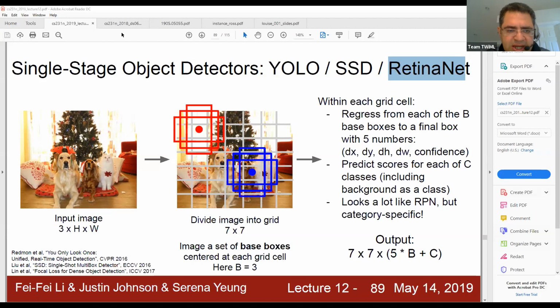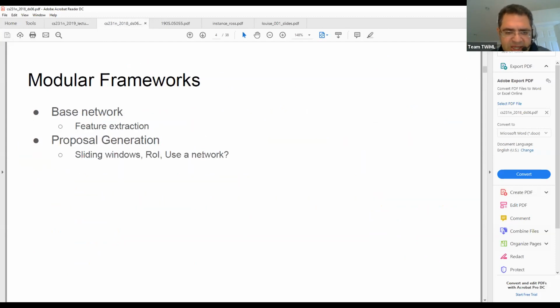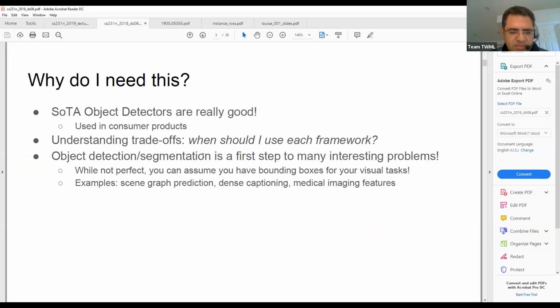I just showed you the lecture notes, but they also have a practical session on what the practical challenges are when you try to implement it or run existing methods. So they have a whole set of notes for that. Right now PyTorch has its own implementation of these methods, and same for TensorFlow. These methods already exist. It's just understanding the theory, and then trying them out for your application.